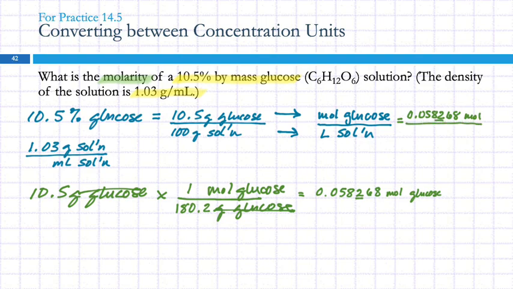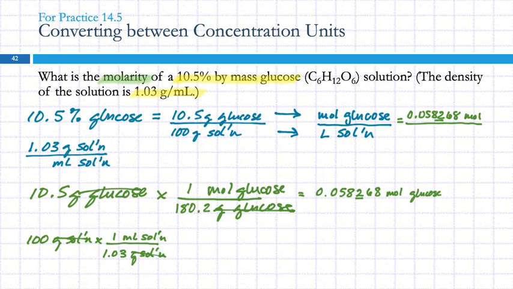And now I want to convert the 100 grams of solution into liters. So 100 grams. Because the 100 here is part of the definition of percent, this 100 is an exact number. So 100 grams of solution, and I can use my density to convert that to milliliters of solution. And they said it was 1.03 grams per milliliter.